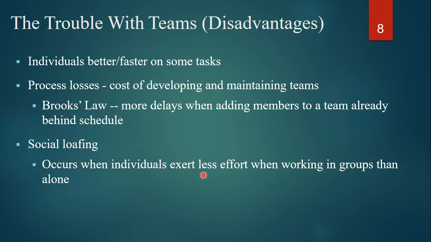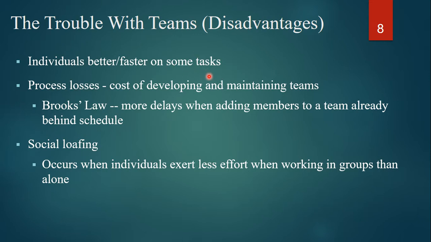Now, the trouble with teams. Some books, or even some management gurus, examine the disadvantages of teams. Whereas teams can make better decisions, individuals can be faster on some tasks, or can be better working alone.